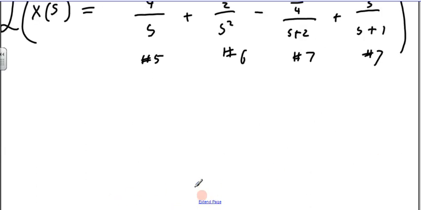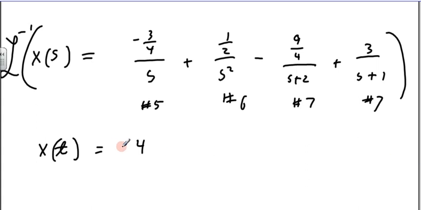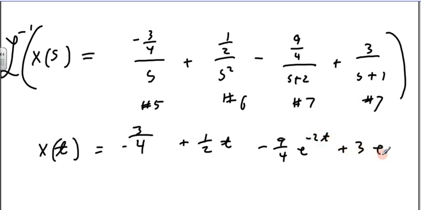And we're going to end up with x of t is equal to minus 3/4 plus 1/2 t minus 9/4 e to the minus 2t plus 3 e to the minus t, which we'll check.